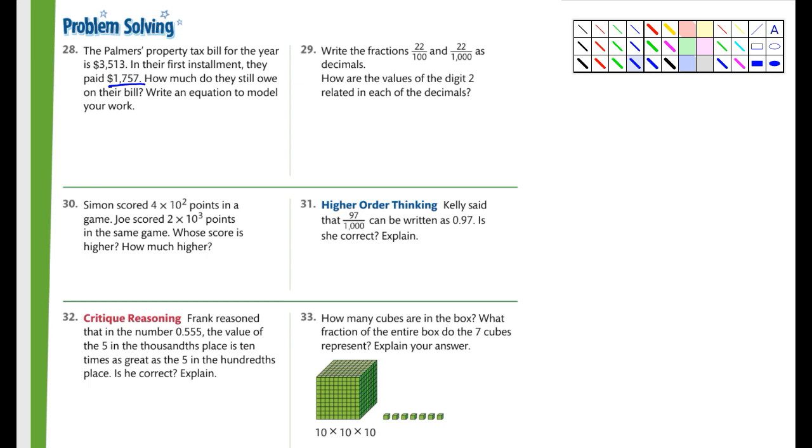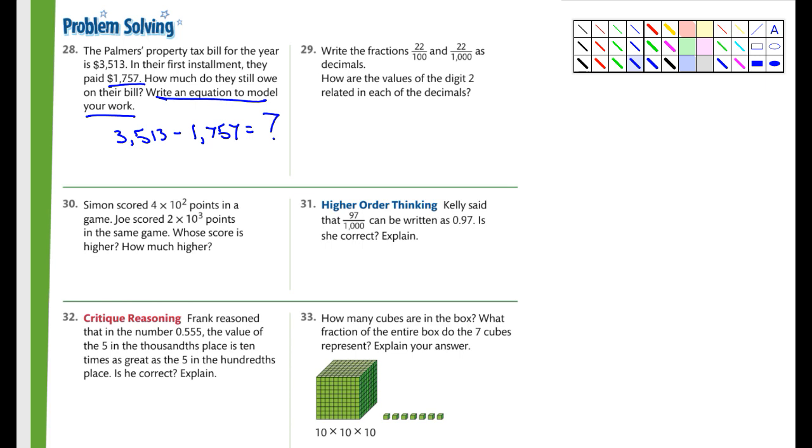Okay, well, it says write an equation to model your work. Well, what do they owe? So they owe a total of 3,513, and we're going to be subtracting 1,757, and that equals, I'll let you figure that out.